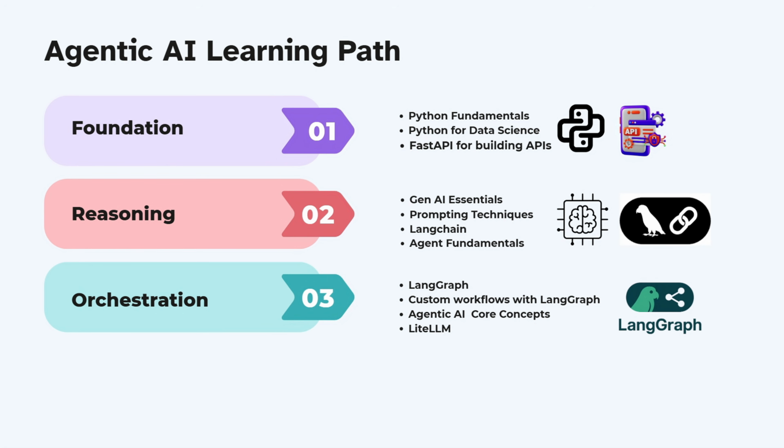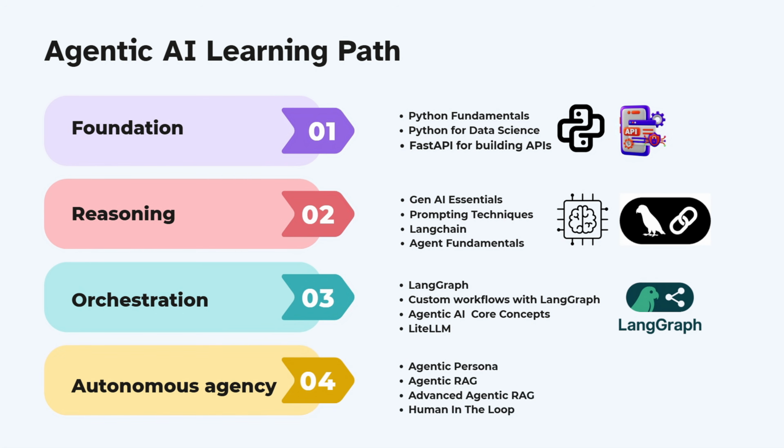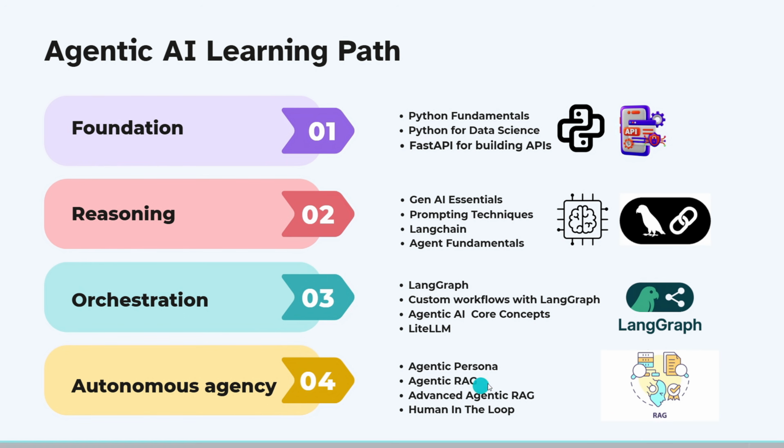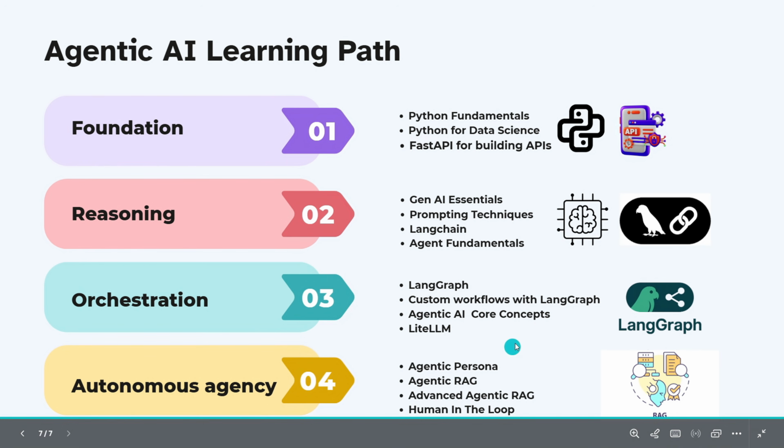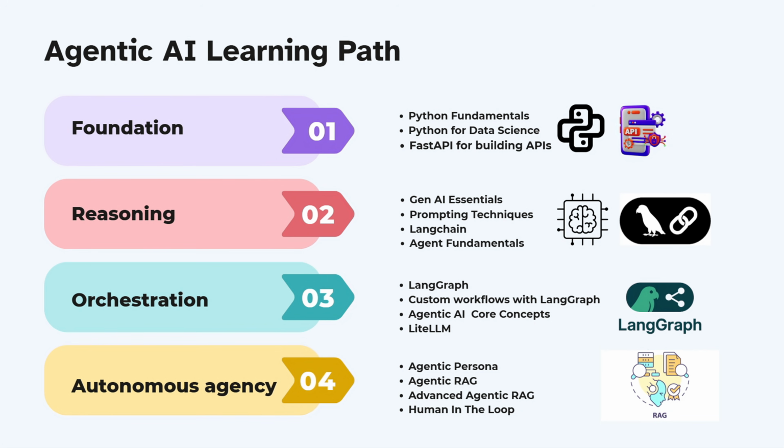And agentic AI core concepts: design patterns, the life cycle of agentic AI, the types of agents, and LiteLLM. In the fourth level, we are going to learn agentic persona or persona engineering, agentic RAG, and advanced agentic RAG techniques like RAG routers, query planner, CRAG, and sequential RAG.